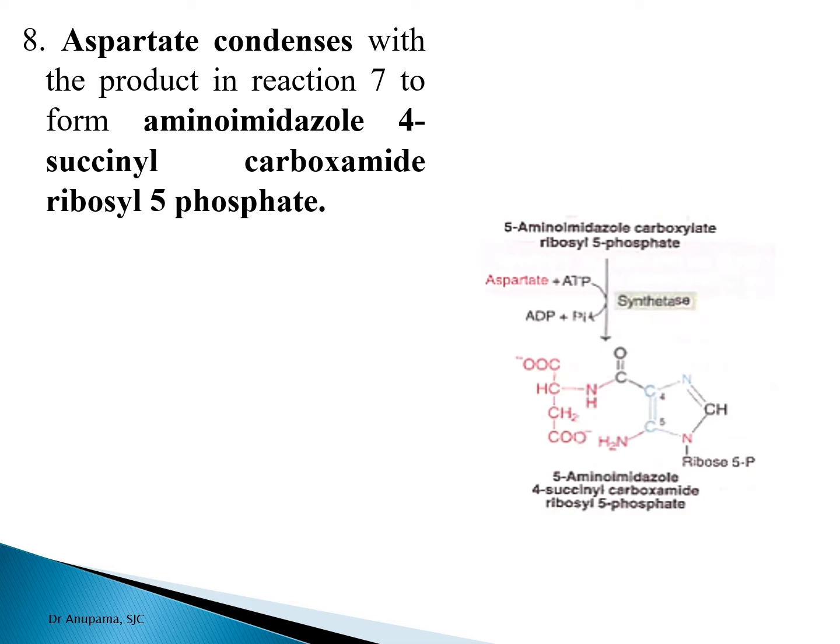The eighth step involves condensation of aspartate with 5-amino-imidazole carboxylate ribosyl 5-phosphate, and this results in the formation of 5-amino-imidazole 4-succinyl carboxamide ribosyl 5-phosphate. This is again an ATP driven reaction catalyzed by a synthetase.